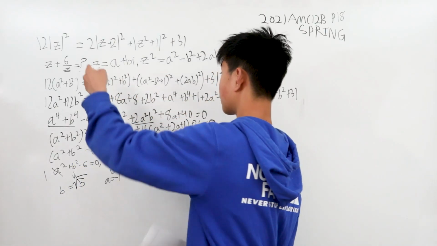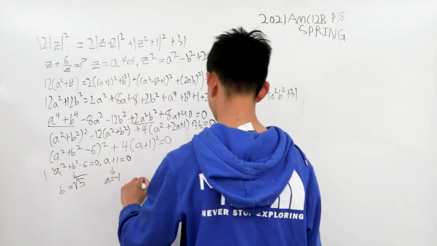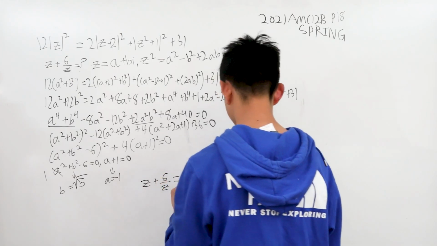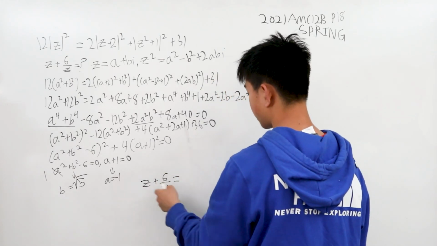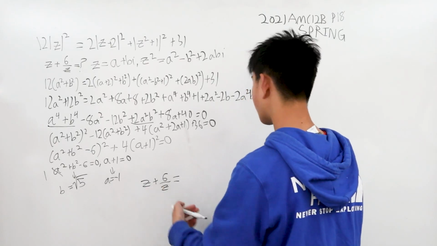So for our answer, we want to find z plus 6 over z. Since you want a common denominator of both z's, this becomes z squared plus 6 over z.